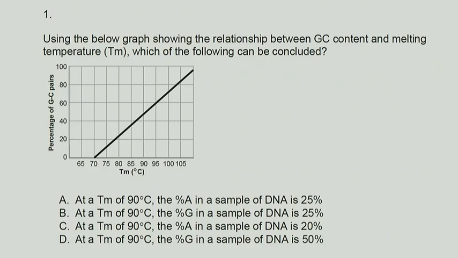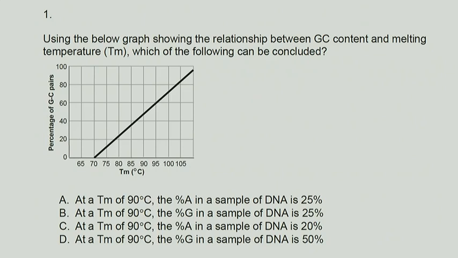Yes, because they base pair to each other, you always have equal amounts of A and T and equal amounts of G and C. Correct, so this tells you the GC percentage. If the GC percentage was 90, then the percentage of G would be 45, C would be 45, A would be 5, and T would be 5.